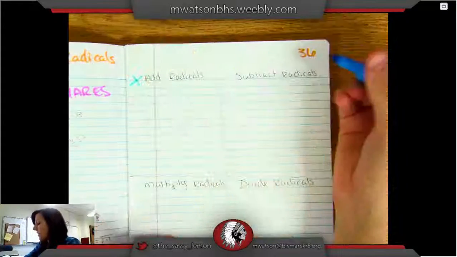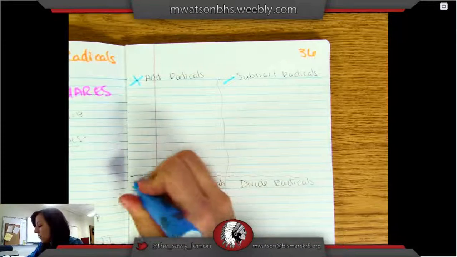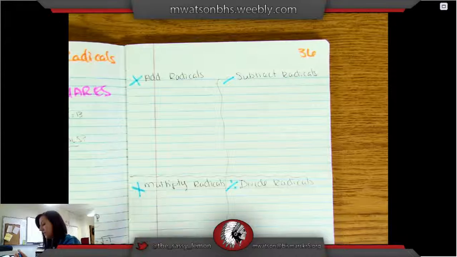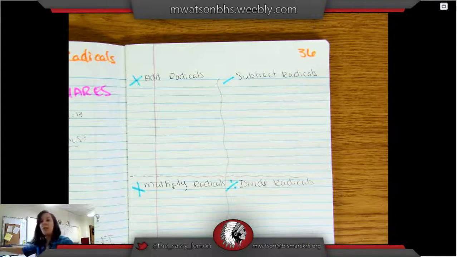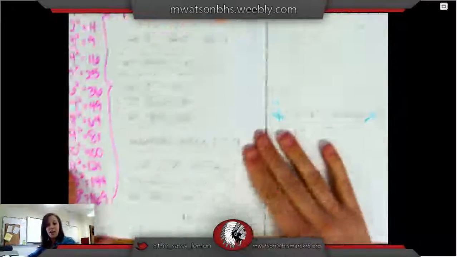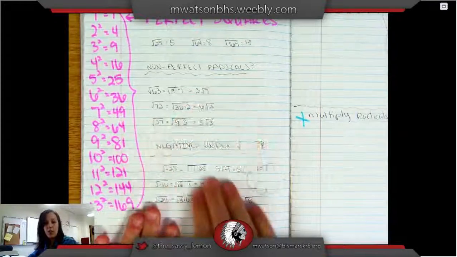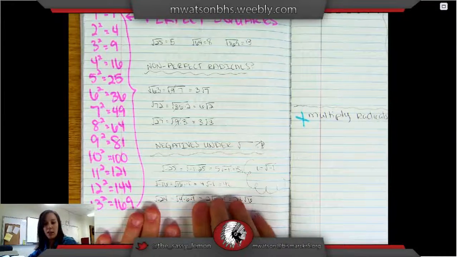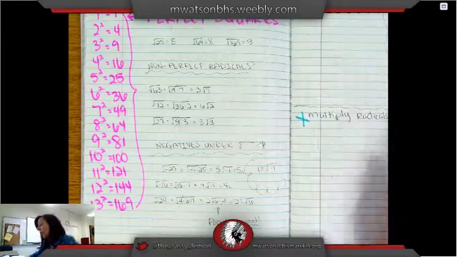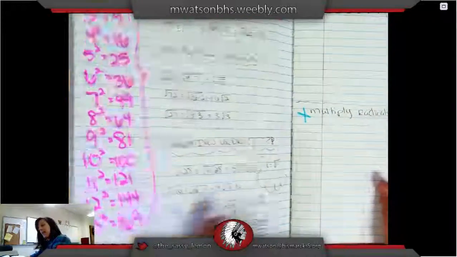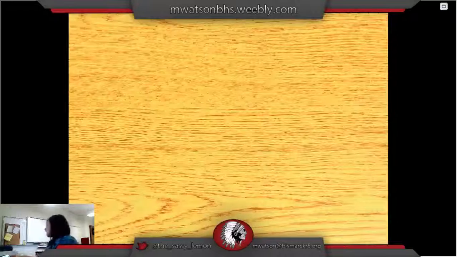We're going to add, we're going to subtract, we're going to multiply, and we're going to divide. And that's what we'll be learning tomorrow. But for today, I just want you guys to focus on these. Being able to do non-perfect squares and negatives under the radical. So go ahead and get out your warm-up sheet. And that's where we're going to do some of these practice problems.